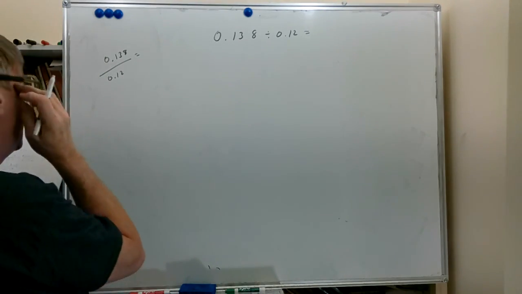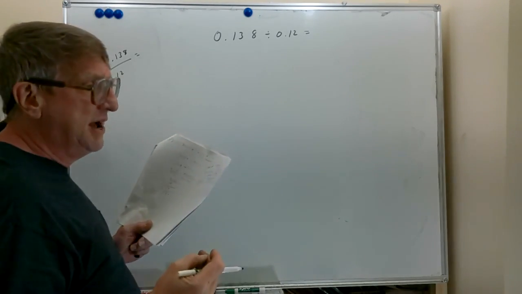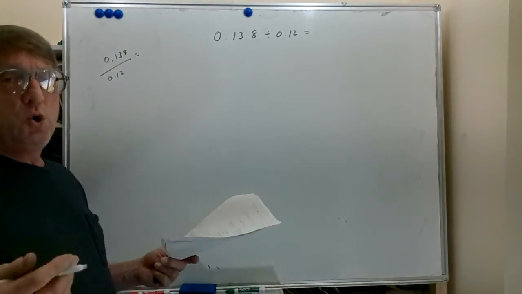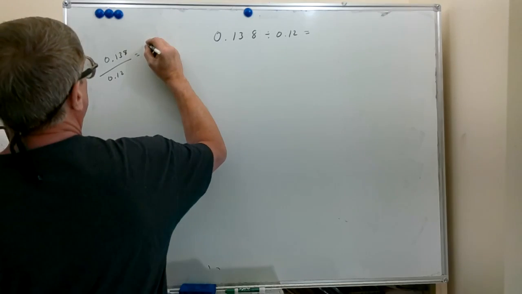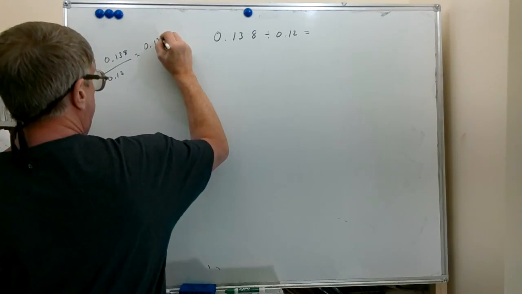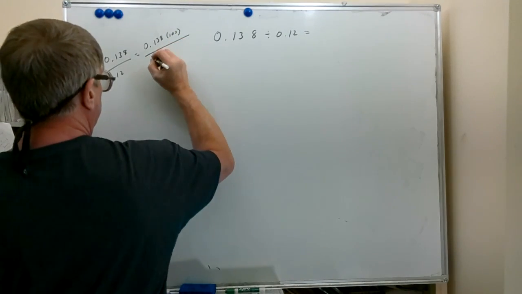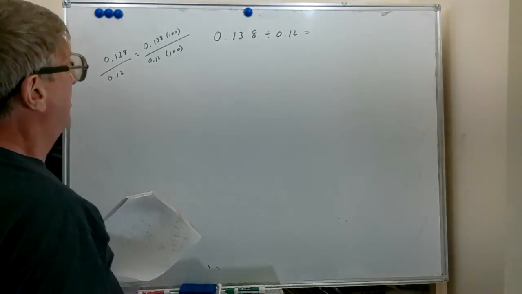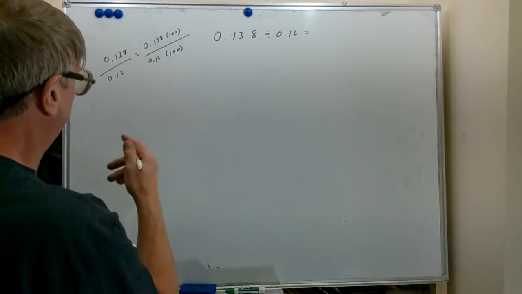Remember, if we multiply the numerator and the denominator of a fraction by the same number, we do not change the value of the fraction. We end up with an equivalent fraction. So I'm going to do that here: 0.138 times 100 over 0.12 times 100. I've multiplied by what I like to call a fancy 100 over 100.